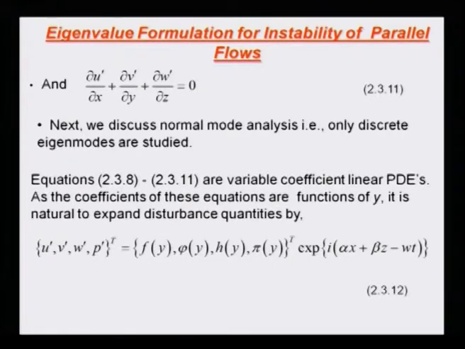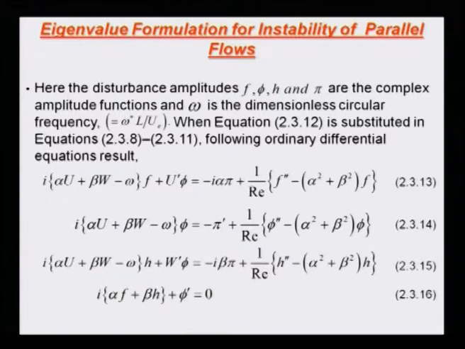Okay. And what we pointed out is that we would be taking a particular point of view where we will be talking about either the spatial or the temporal problem.